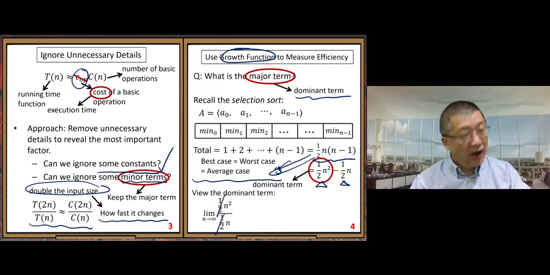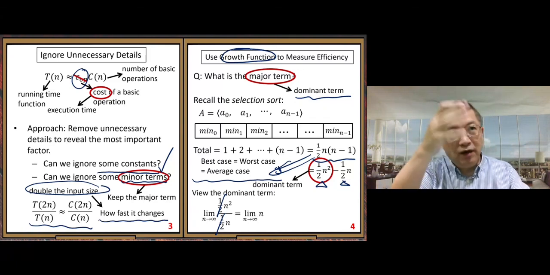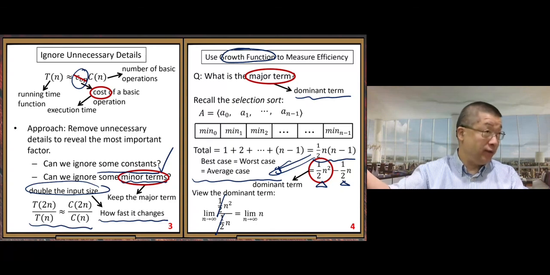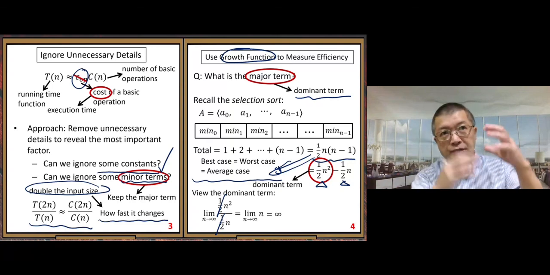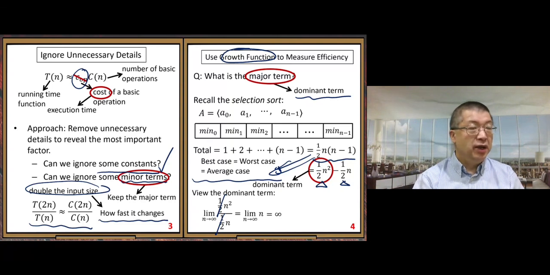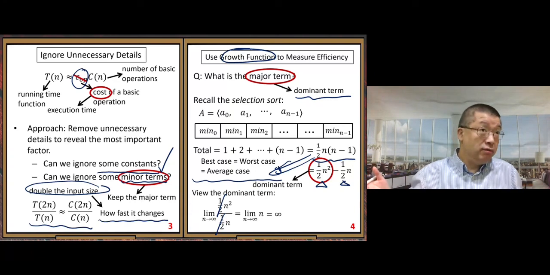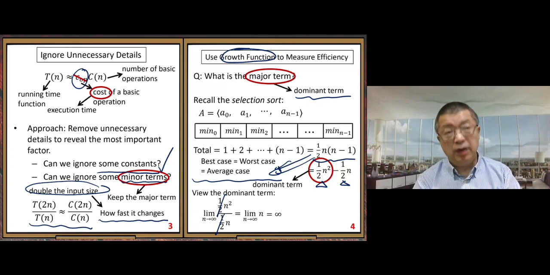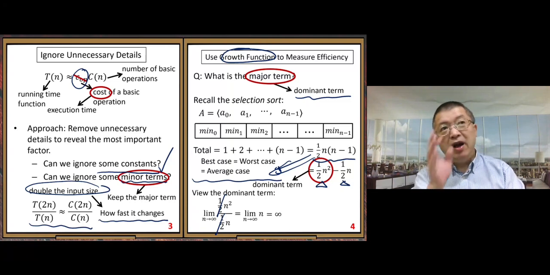Also, we can cancel out one n. So it is the limit of n when n goes to infinity, which is still infinity. So you can see the ratio of the two terms goes to infinity. Can we say the top term dominates the bottom term? Yes. Infinity tells us the dominance. So from there, you can understand why we call the first term the dominant term.